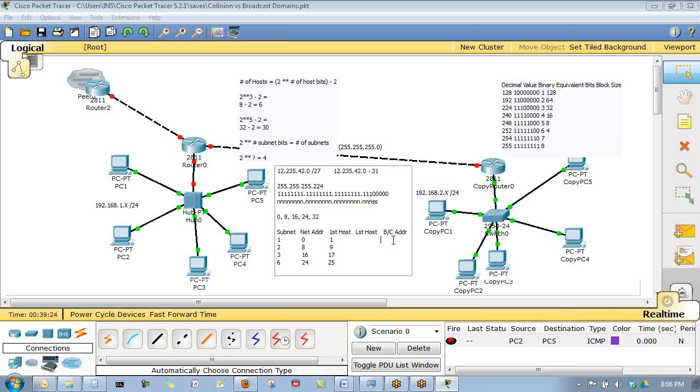I'm not going to do the last host, I'm going to do the broadcast address. So the broadcast address here is 7. Can anyone tell me what the broadcast address is for subnet 2? 15. Very good. Excellent. Somebody else want to try subnet 3? What's the broadcast address?